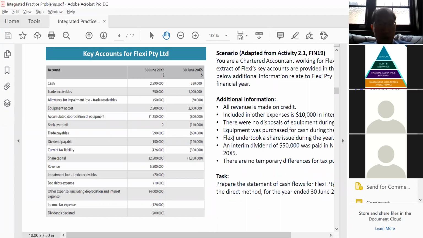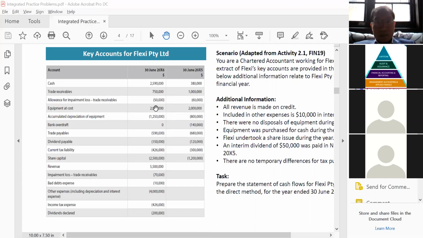So how can we work out the amount that has been purchased? We need to look at where equipment is stored on the balance sheet. The equipment is found at this item here, which is equipment at cost. This account is also known as PPE, or property, plant, and equipment.